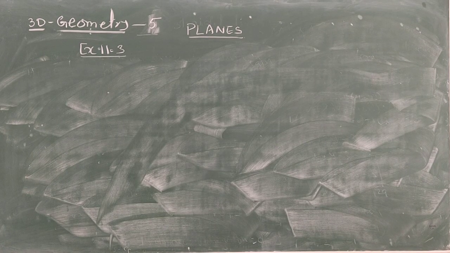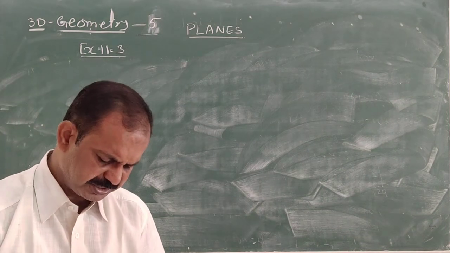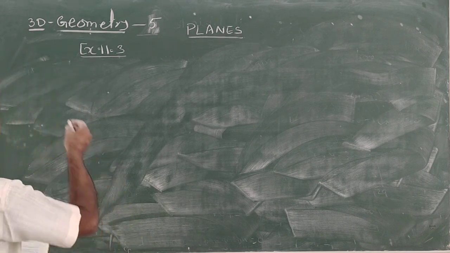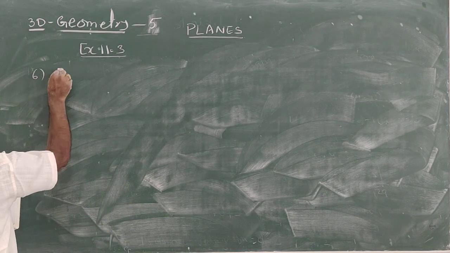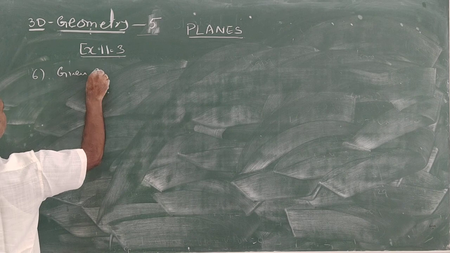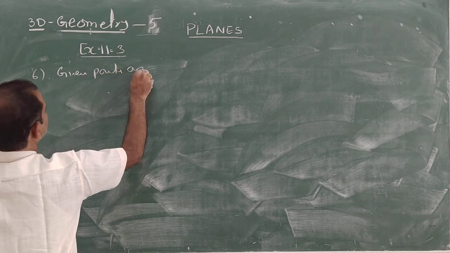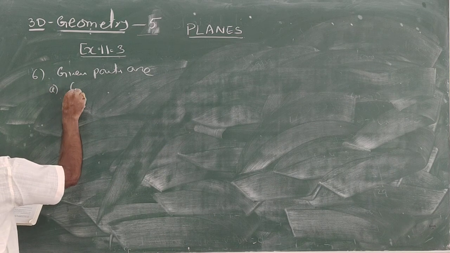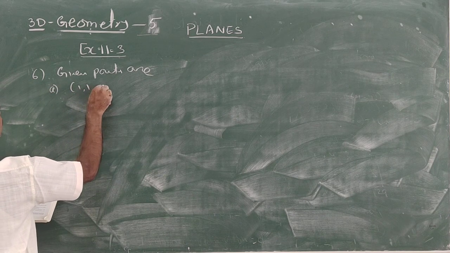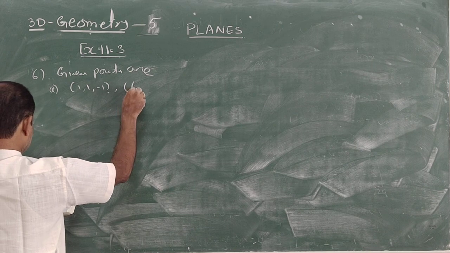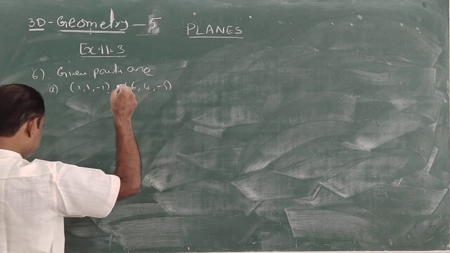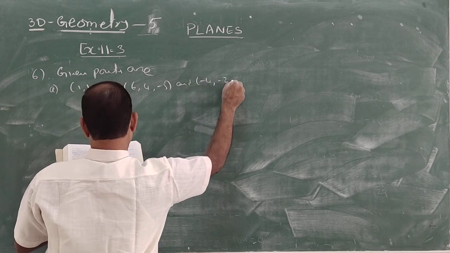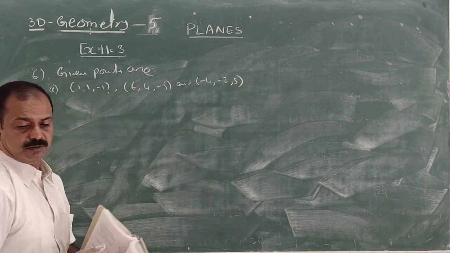Next is find the equation of the plane passing through 3 points. So the sixth one, given points are (1, 1, -1), (6, 4, -5), and (-4, -2, 3).